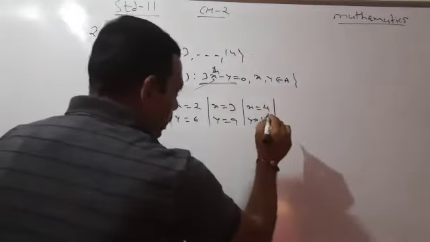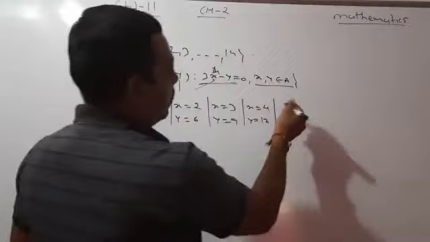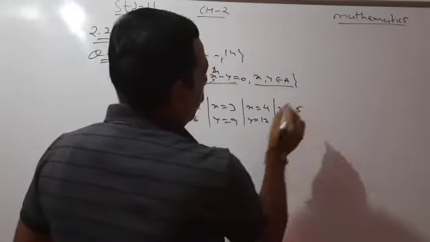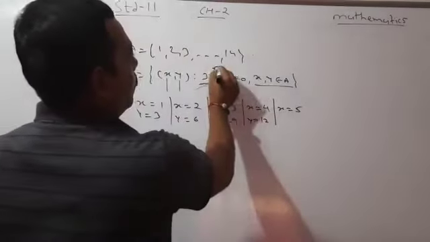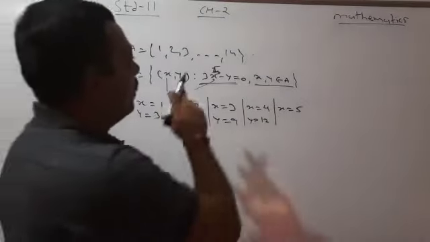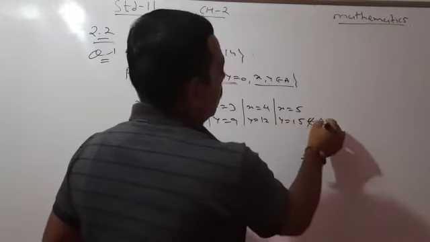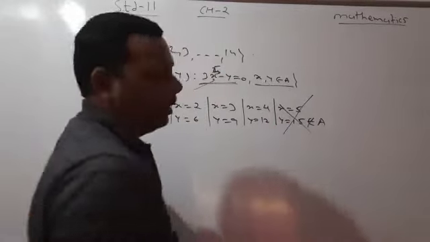Now, they permit that x, y belongs to A, so we can consider 1 to 14. But suppose I consider x equal to 5. What happens? If I put 5 here, 3 fives are 15. Now 15 minus 15 is 0, so we have to consider y equal to 15, which is not in A. So this pair does not exist.